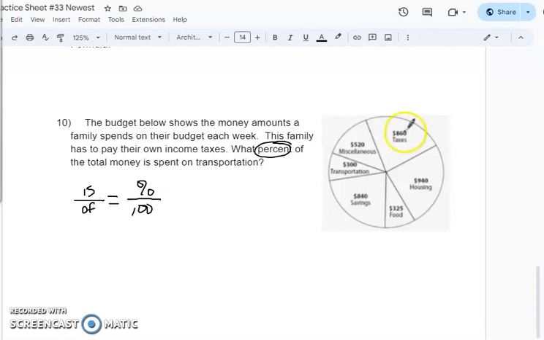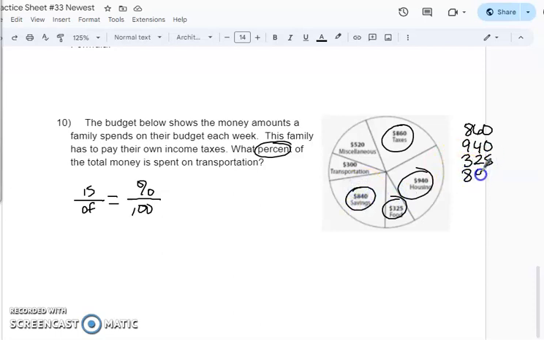So that means I have got to add 860 plus 940 plus 325 plus 840 plus 300 plus 520.